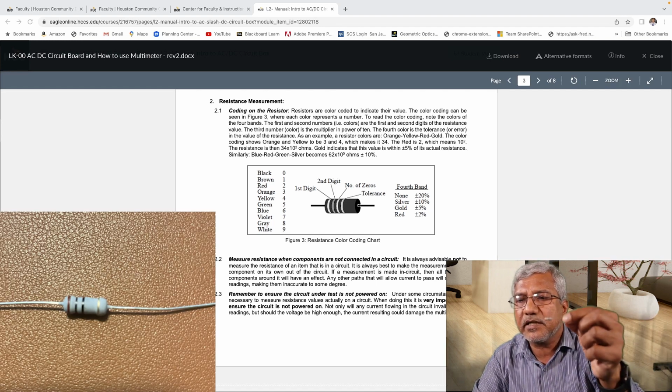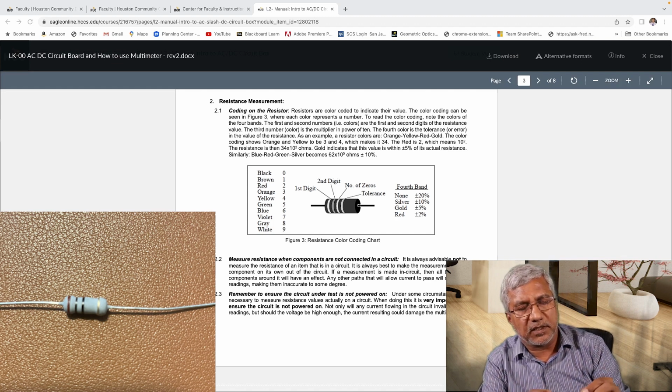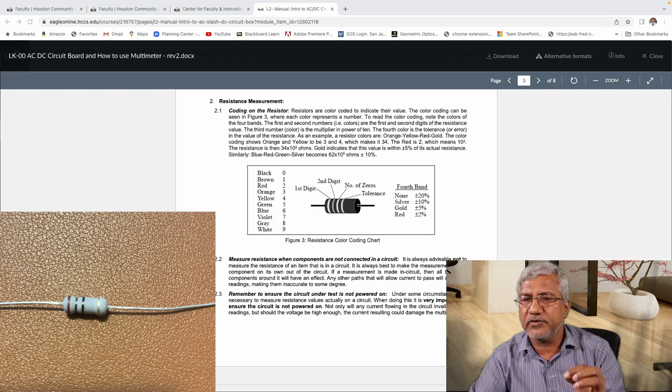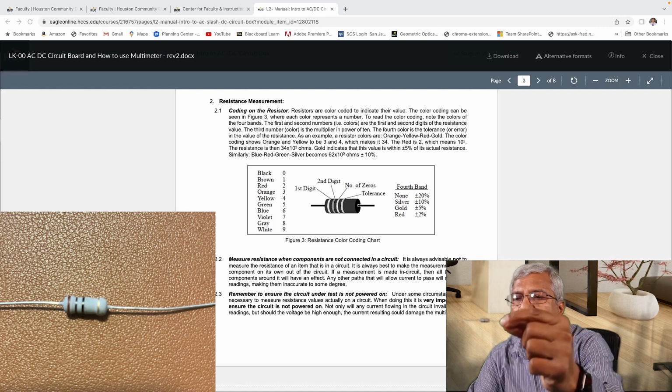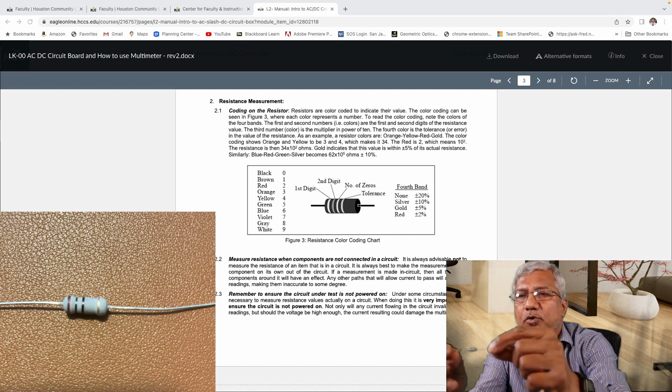You can see that now. The colors on it are brown, black, and black. And at the other end, you see gold.